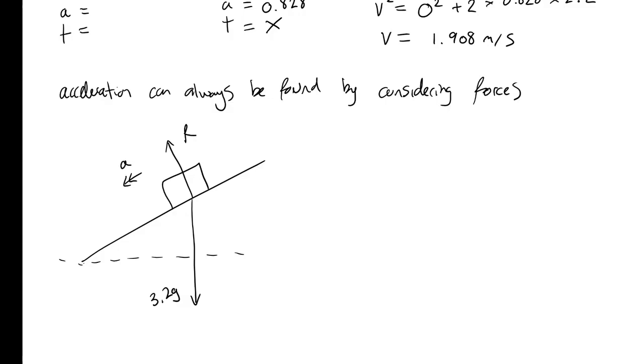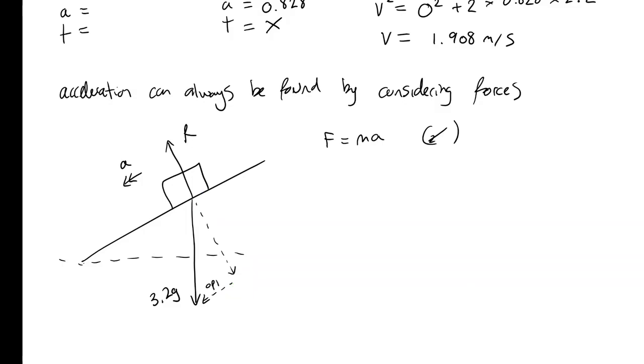So if we know acceleration is directed down the slope, we should resolve down the slope. R doesn't partake in that because R is perpendicular to that, so it has no effect. Weight is vertical, so we need to break it down into its along the slope and into and out of the slope components.